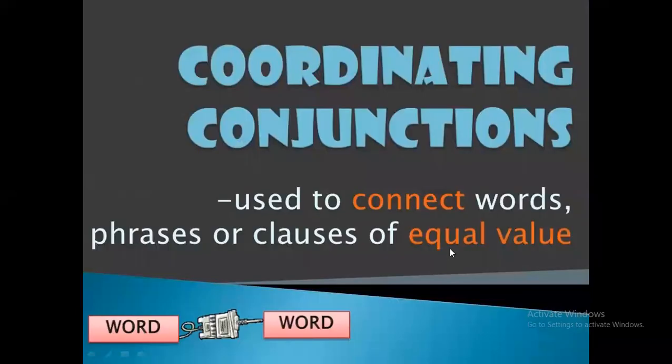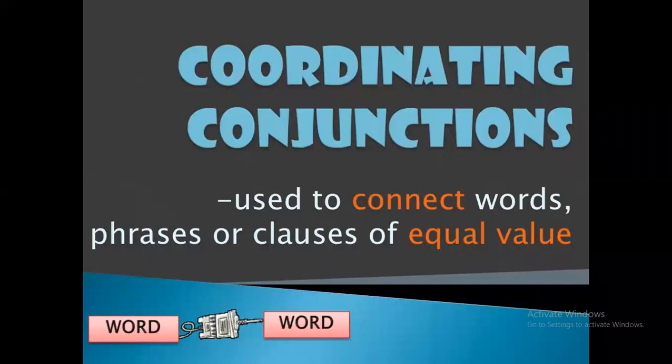So we know that conjunctions are used to join or to connect words, phrases, or clauses of equal value. That means nothing is more important or less important. See, because we're talking about coordinating conjunctions right now.